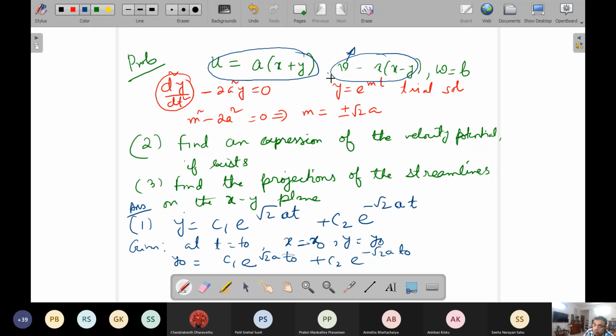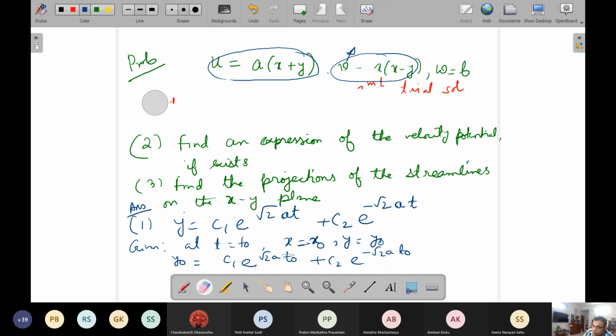So we will write dy dt from this equation. dy dt is equal to A into x minus y.